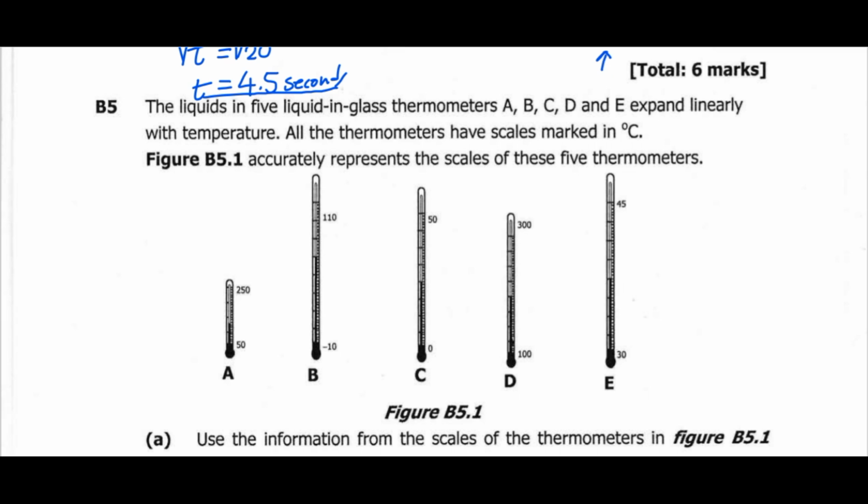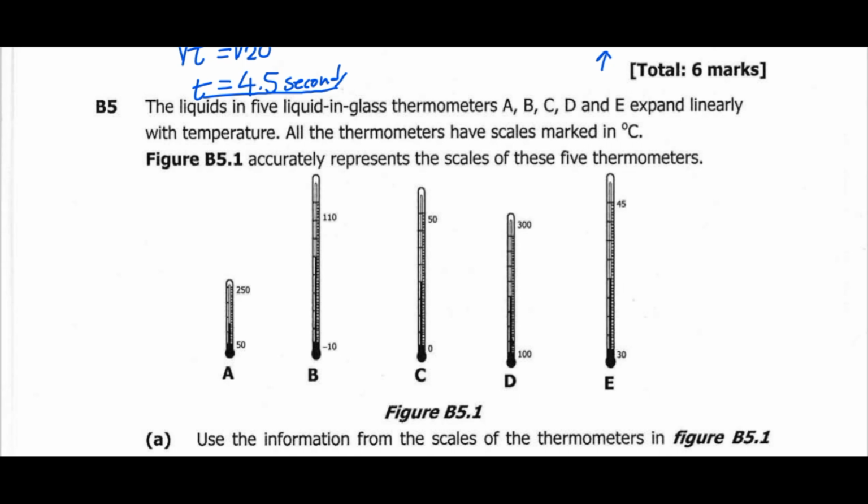Move on to question B4. The liquids in glass thermometers A, B, C, D, and E expand linearly with temperature. All the thermometers have scales marked in degrees. Figure B5.1 accurately represents the scales of these 5 thermometers.